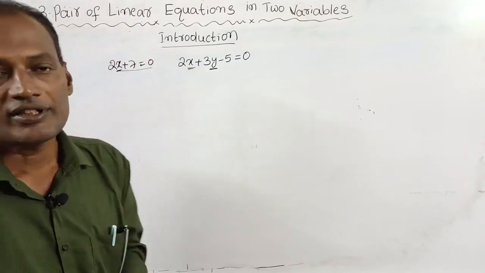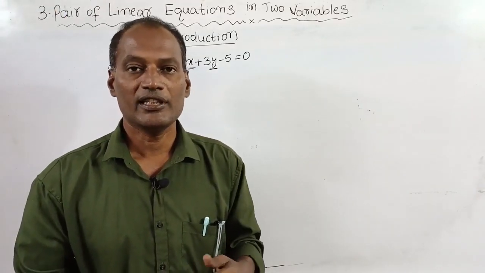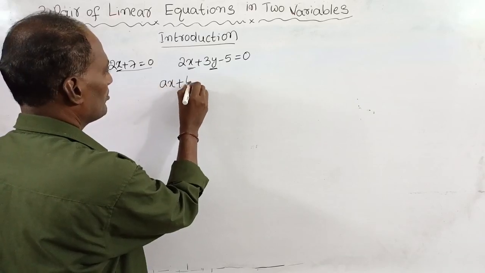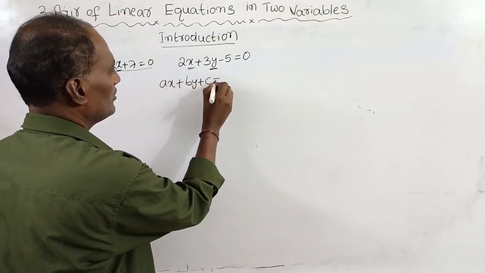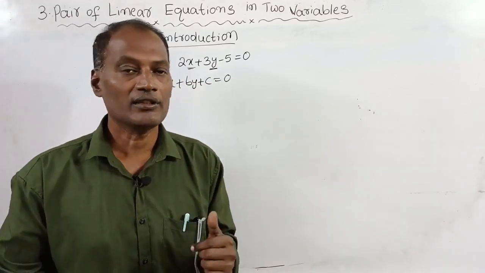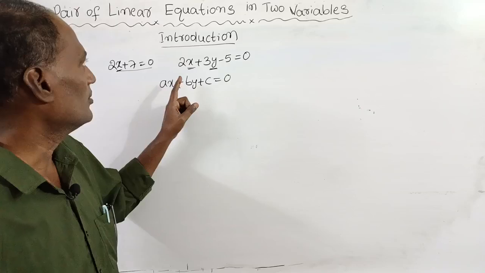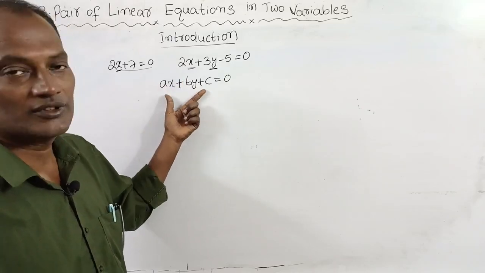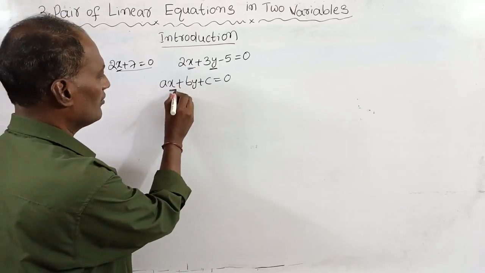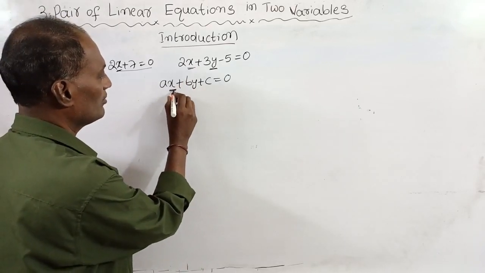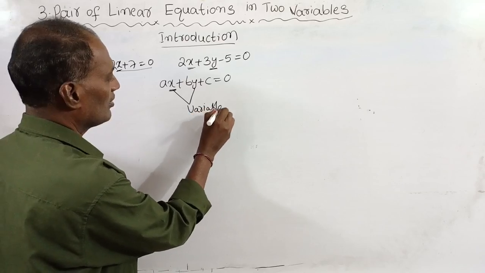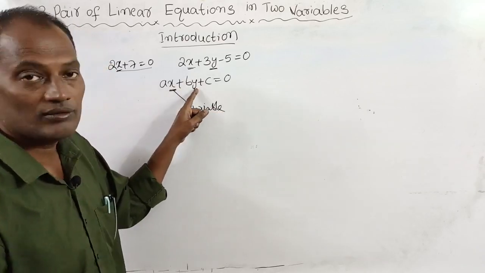The form of a linear equation in two variables is ax plus by plus c equal to 0. Here x and y are called variables.